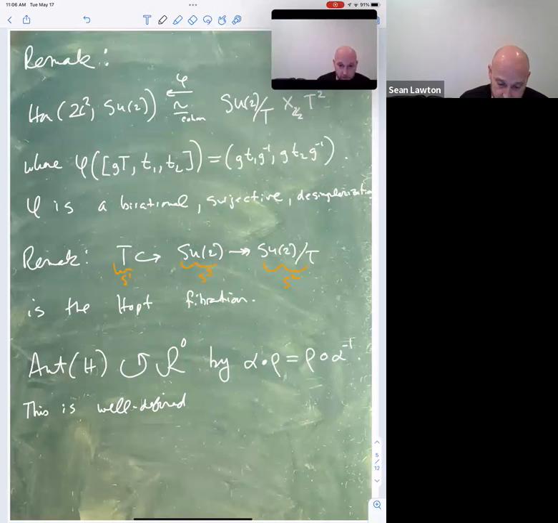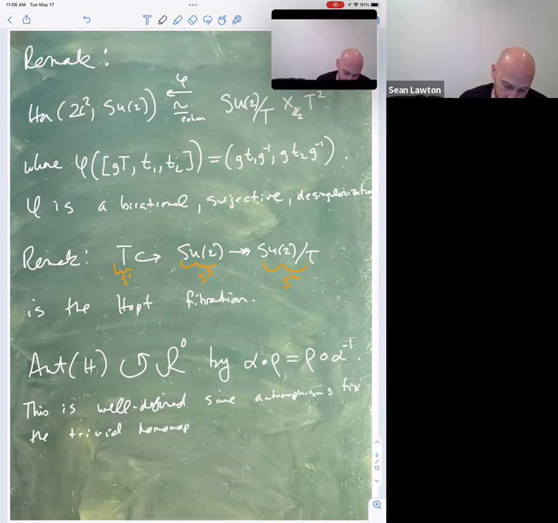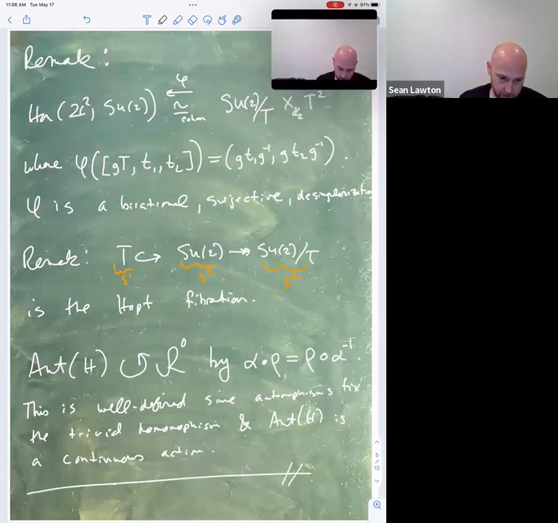This is well defined since automorphisms fix the trivial homomorphism and H is a continuous action. Okay, so since it fixes a point and it's a continuous action, then that means it has to fix the whole component. Okay, so that's the last thing I want to say about Hom.